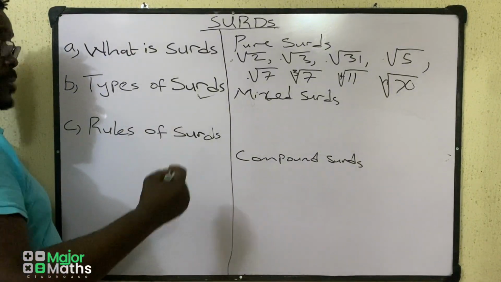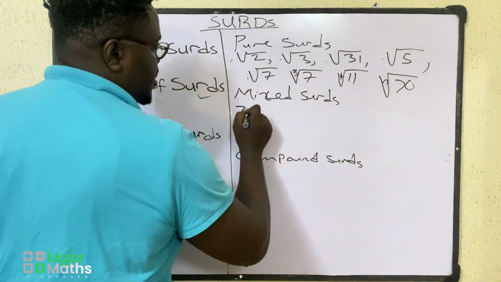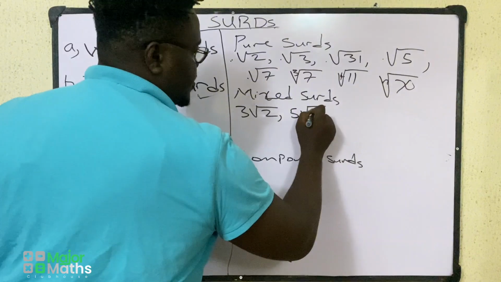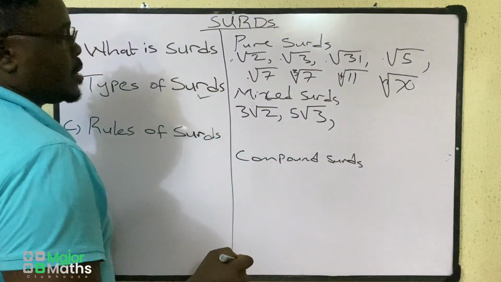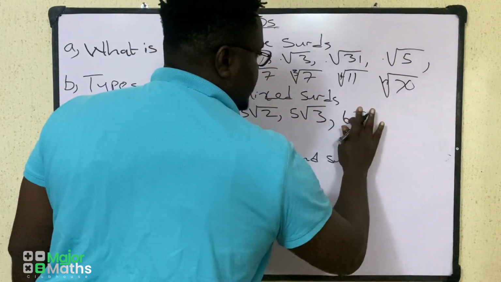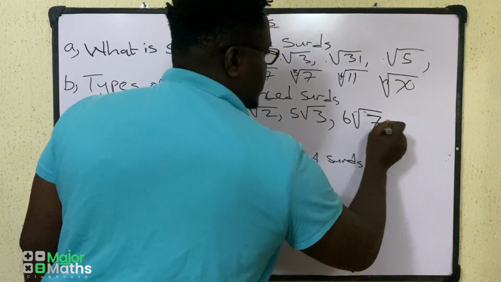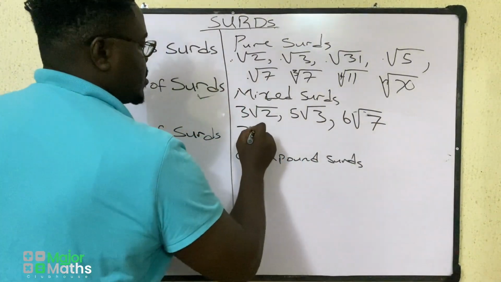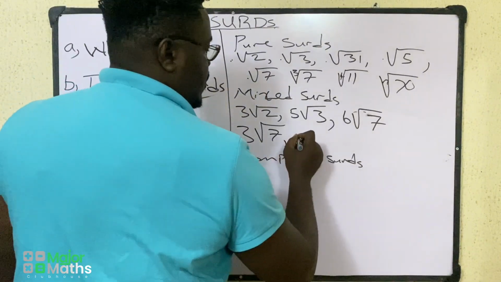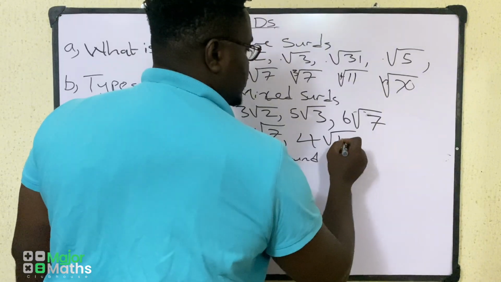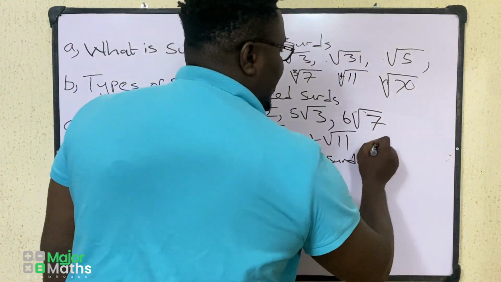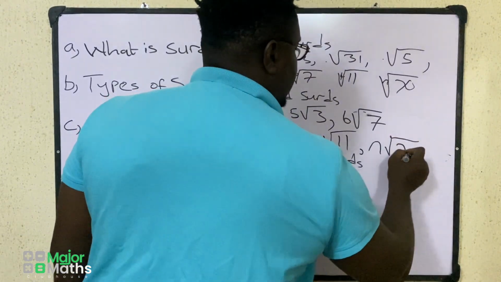Meanwhile, for mixed surds, we have 3 root 2, 5 root 3, 6 root 7, 3 root 7, 4 root 11, and n root x.